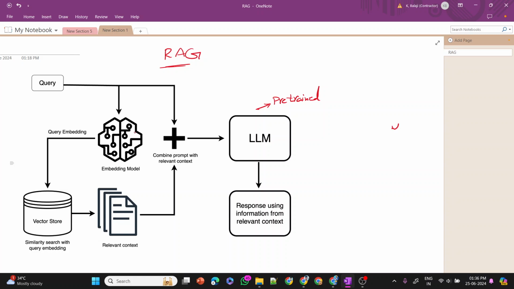We first convert our business data into embeddings by using an embedding technique, converting it into vectors of some dimensions, and then we store it in a vector database.